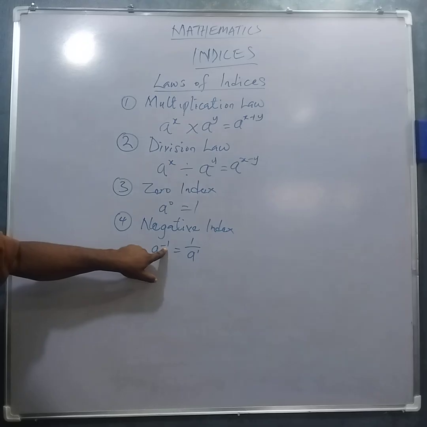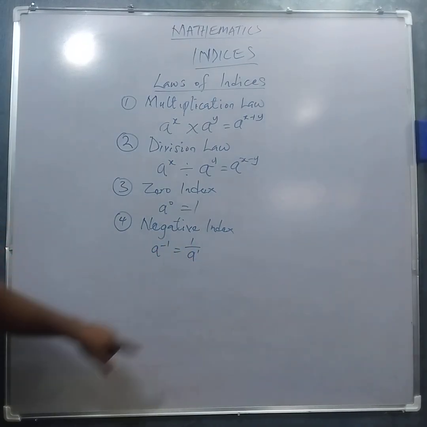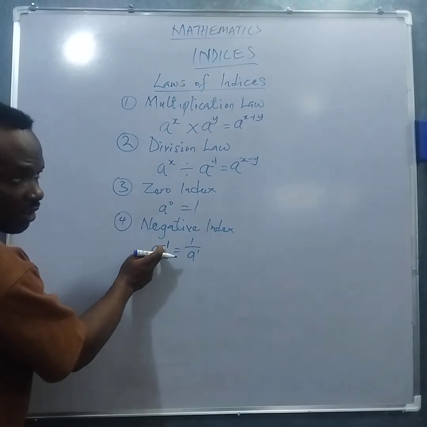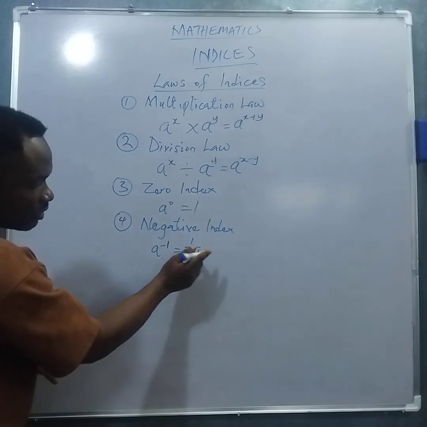A raised to power minus 1 is equal to 1 over a raised to power 1. The minus index changes to 1 over.